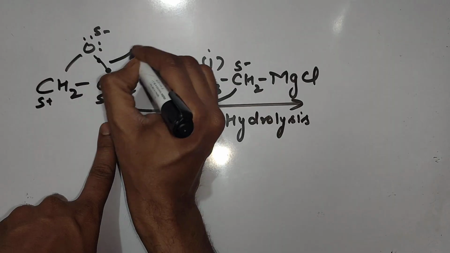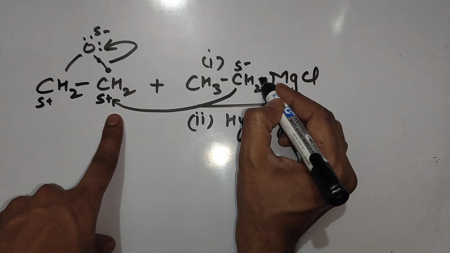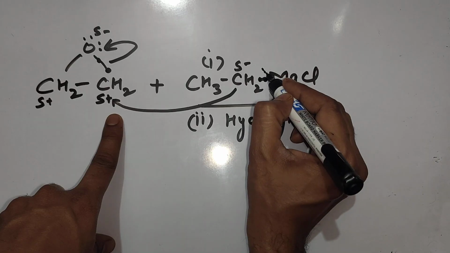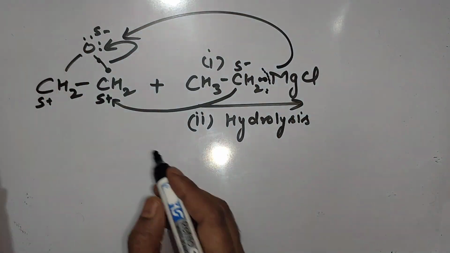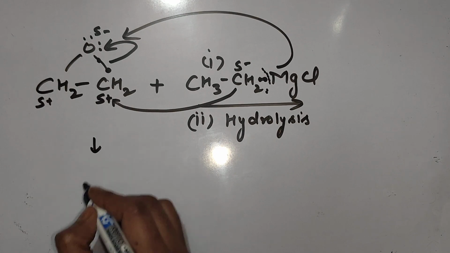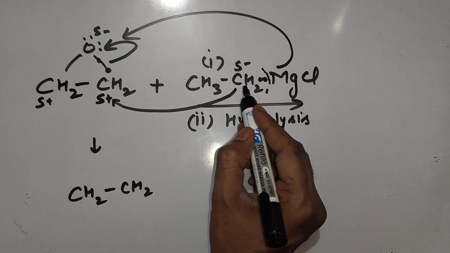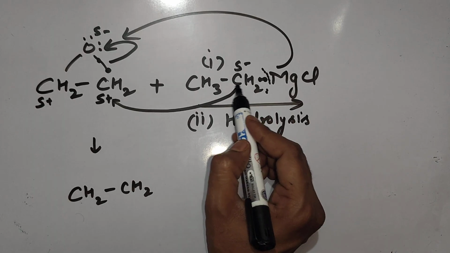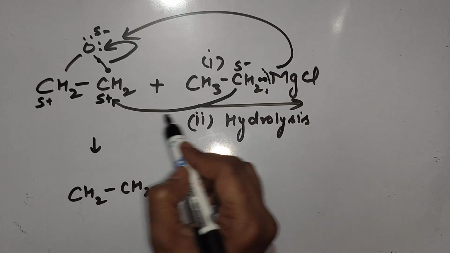The bond will break, electrons will shift toward oxygen, which will be attacked by magnesium, and between magnesium and carbon the bond will break like this. So firstly, it will generate CH2, CH2 and join from this carbon. Yesterday in the video I also informed you that this carbon which is connected with magnesium, that you have to use for bonding.